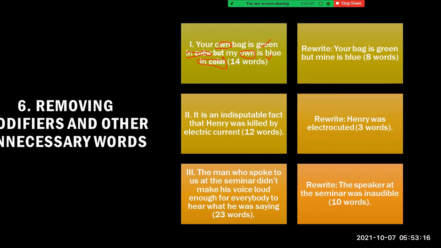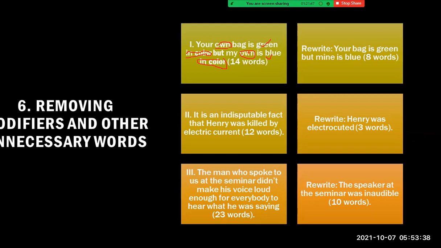So you can see, removing modifiers and other unnecessary words depends on your ability to identify the key words, the important words, and then remove the unimportant words. That will help you to reduce words. This technique helps us to reduce 14 words to 8 words.